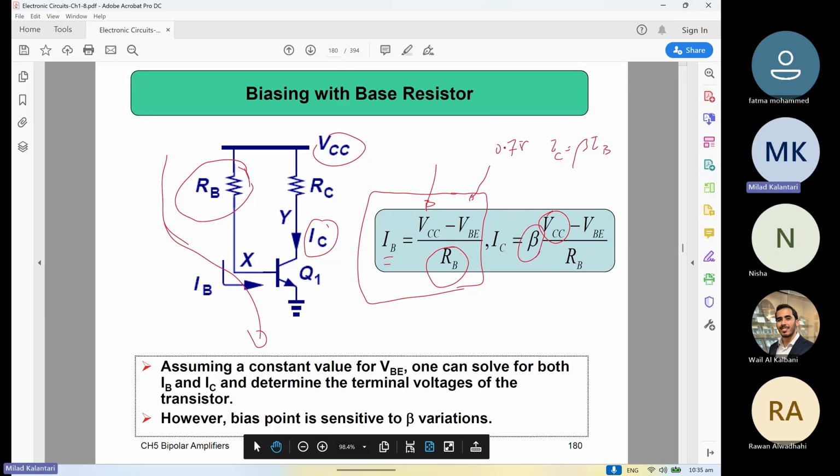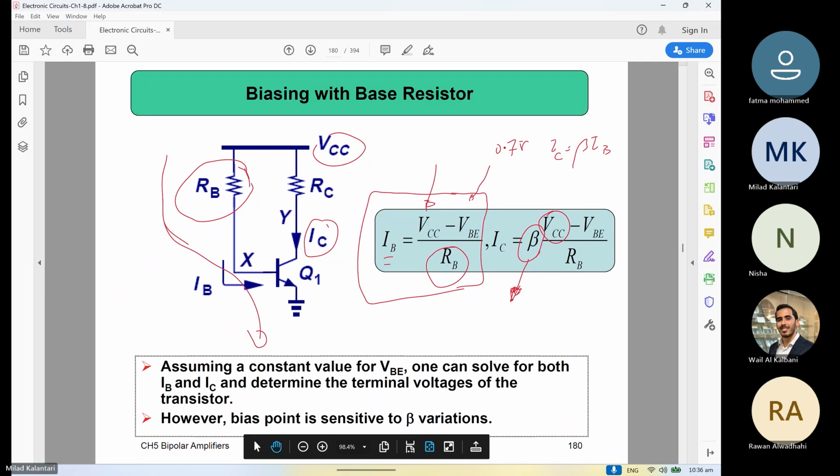The beta is a parameter of the transistor which is very dependent on the temperature and varies device to device. It is not that constant that you can perfectly tell that the beta is this much. It varies by device model, device type, and temperature, everything, right? So this beta is something that we do not want inside our biasing, because it's not under our control.